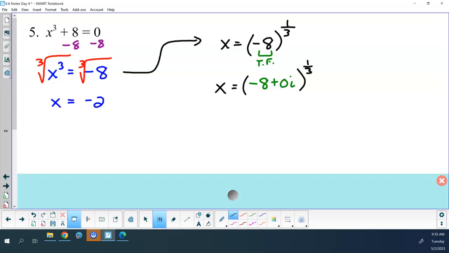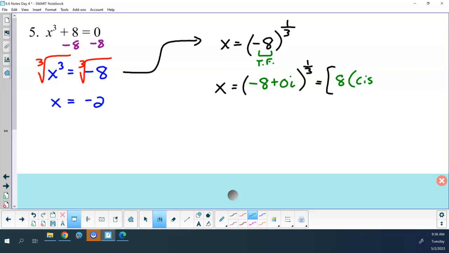Well, that is going to be 8 cosine i sine of what would my angle be for trig form? What would that angle be for this complex number? Negative 8 plus 0i. Don't even need to do any calculation. 180.